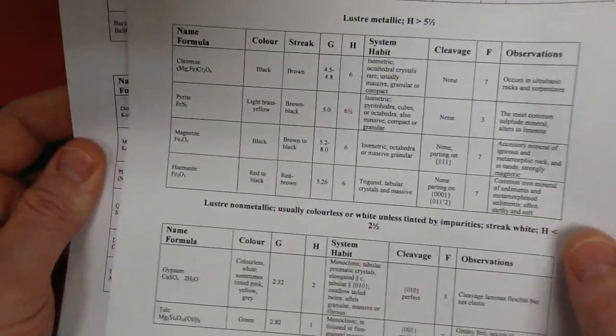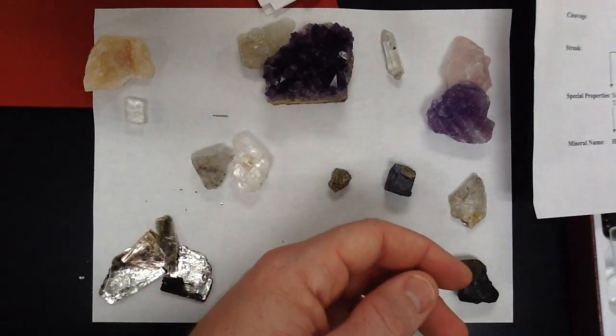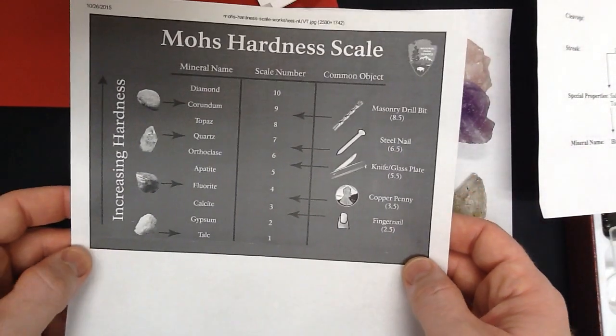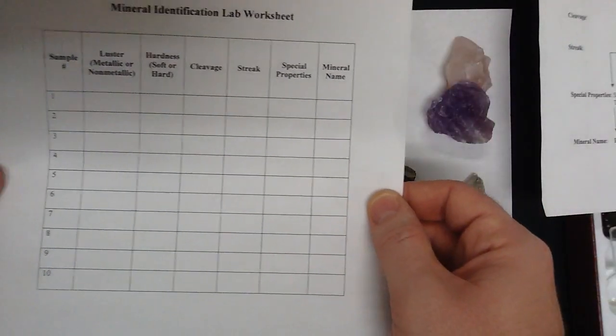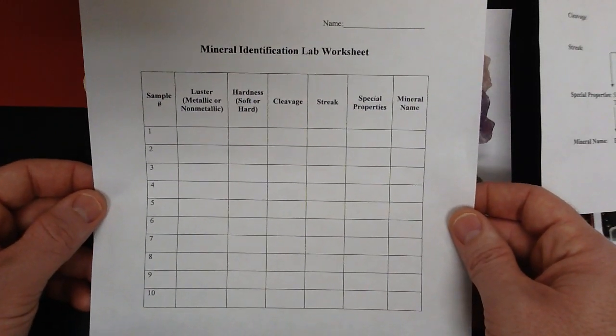And so this may be a little too much information, but I'm still going to give it to you, and maybe it'll help you out with the lab. I will also provide you with the Mohs hardness scale, so you can use that, and the information you need to fill out the lab assignment on Canvas.